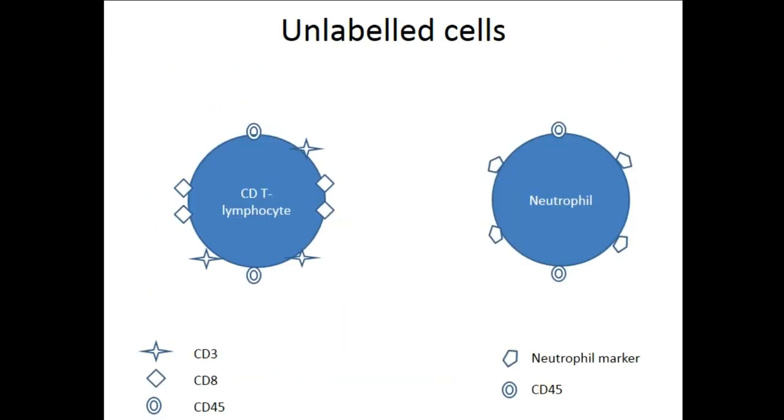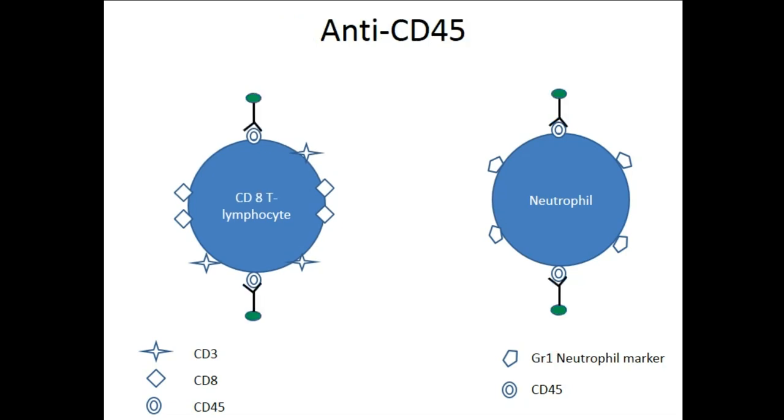So here we have a T lymphocyte and a neutrophil. Okay, and they're both present in the same sample. And you want to identify what's a lymphocyte and what's a neutrophil. So the first thing you do is you add an antibody directed against CD45. So at this point we know we've identified a leukocyte.